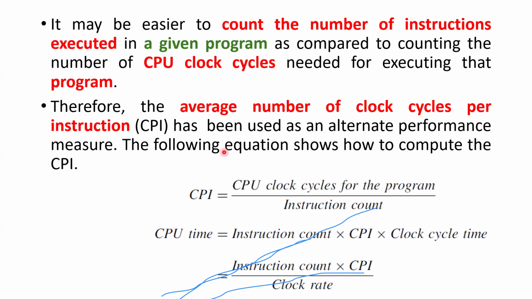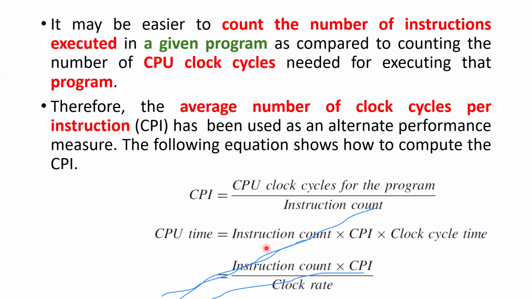Therefore, we use the clock cycles per instruction, CPI, as an alternative to CPU clock cycles. This is how we calculate the CPI: CPI is equal to the CPU clock cycles of the program over the instruction count.